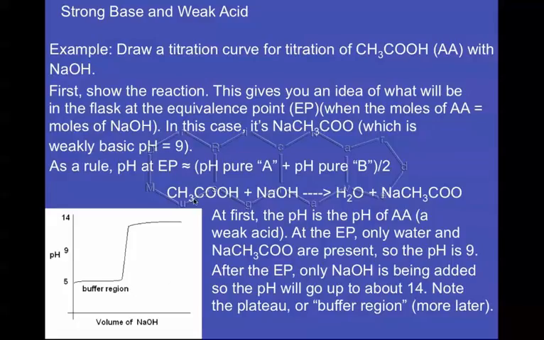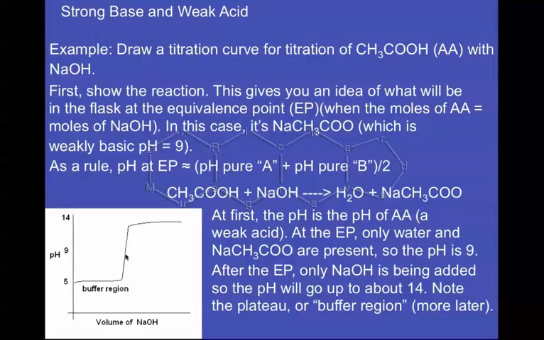So the same situation occurs here as before, except now it's in reverse. We start out with a pH of about 5 because all that's in the flask is this weak acid, acetic acid. We add the sodium hydroxide, we get a very slow increase in pH. In fact, we get a bit of a plateau here due to the buffering, which again I'll talk about later.